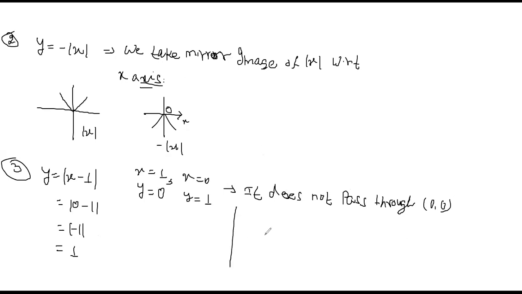So its graph will be: x equal to 1, y equal to 0, put here. x equal to 0, y equal to 1, put here.